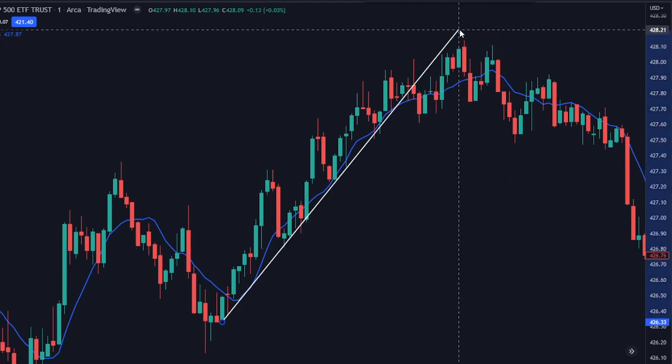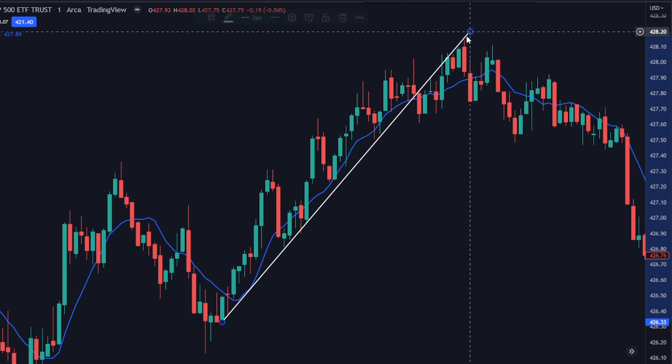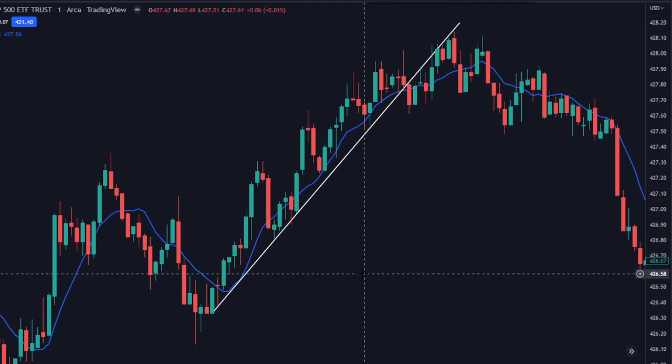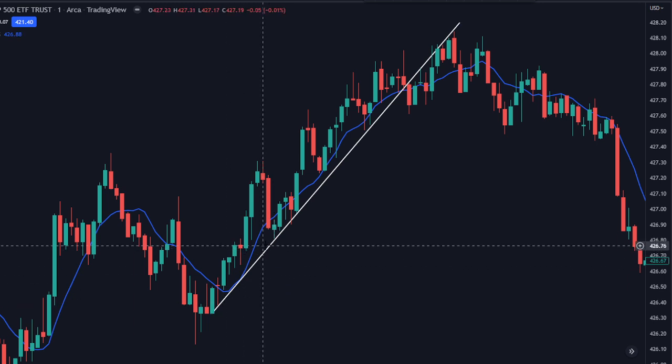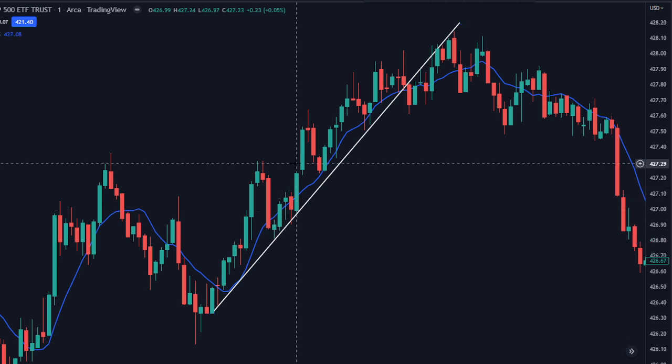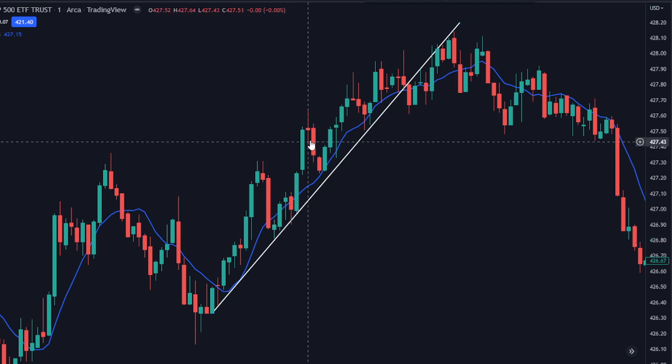This would have been over here in the beginning. I like entering with the same rules as the break and retest, same rules that Jimmy teaches. There's the second test, the second touch. I'd like to enter on the third touch green candle because we are going up.